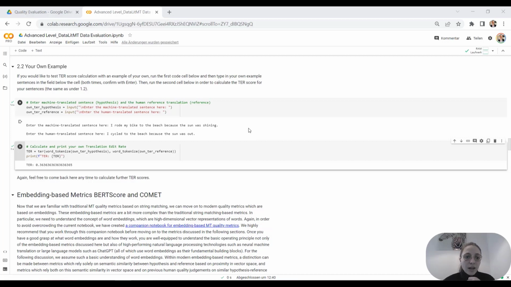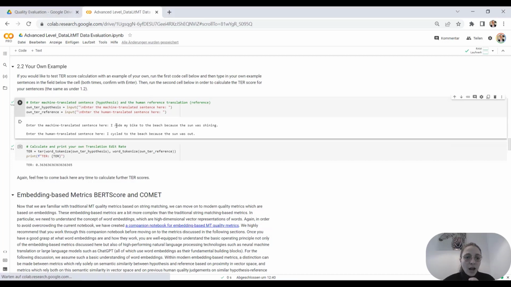For example, we would have to change rode my bike and cycled, so there would already be maybe 2 deletions and 1 substitution here, and then there would be another substitution here from shining to out, so that would already be 1, 2, 3, 4 edits, if I'm not mistaken, and now we have a reference length of about 10, so that is why we get the TER score that we get.